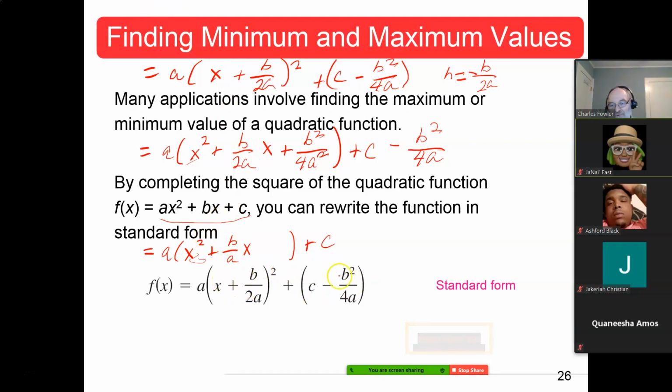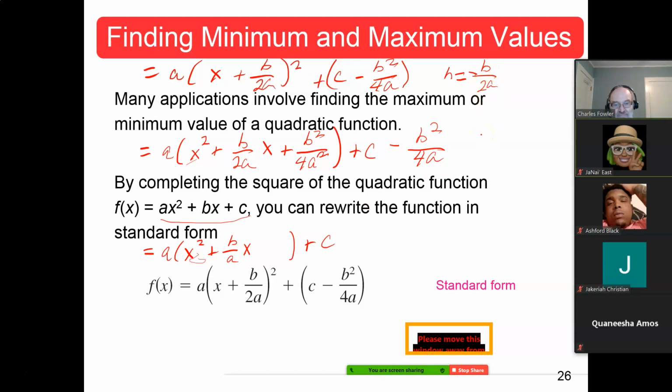And then, who cares about this? We sort of do, but we don't need that. That's your k, but that's so complicated. Forget that. Just remember, your h value is minus b over 2a.